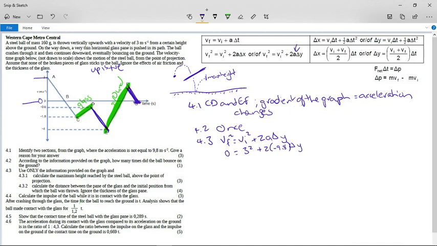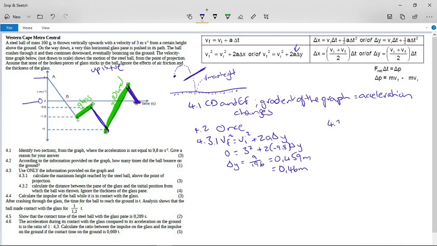And you end up with delta y equals 9 over 19.6, which is 0.459 meters, which we should round off to 0.46 meters. Okay, now that was 4.3.1. Now let's look at 4.3.2.